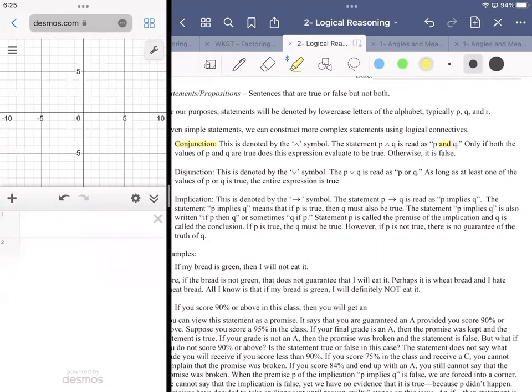Grammatically it might be a little iffy, but only if both values of P and Q are true does the expression evaluate to be true. If I give you an example, I'm saying I'm wearing a red shirt and blue shorts. I'm saying that I'm wearing both the red shirt and the blue shorts.